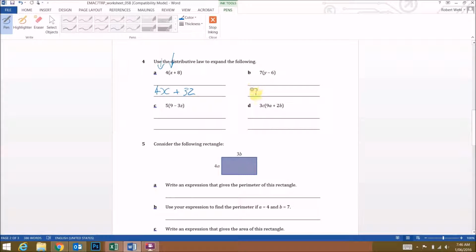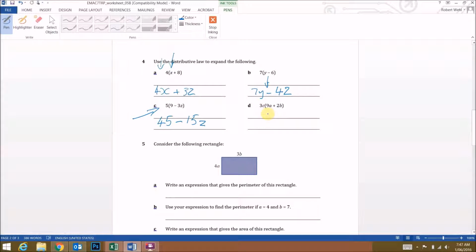Here, 7 times y. Remember, our operation always stays the same. You just bring that down. 7 times 6 is 42. Here, 5 times 9 equals 45. Minus 5 times 3, which is 15z.